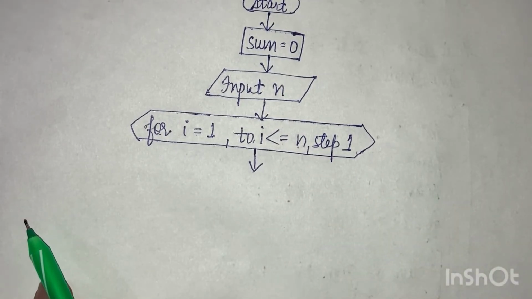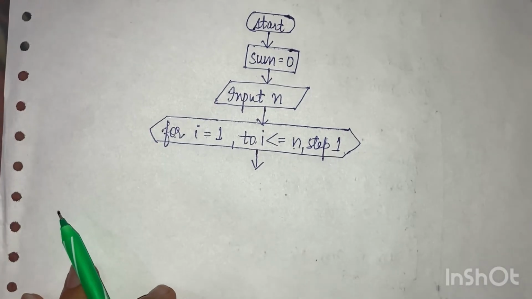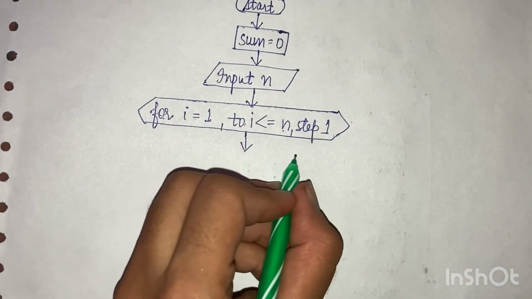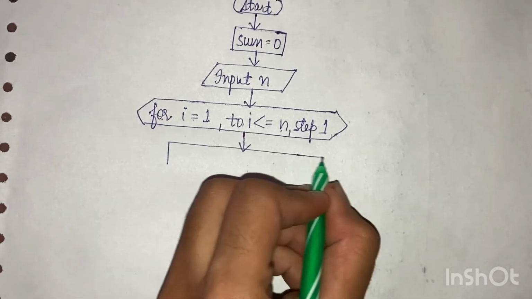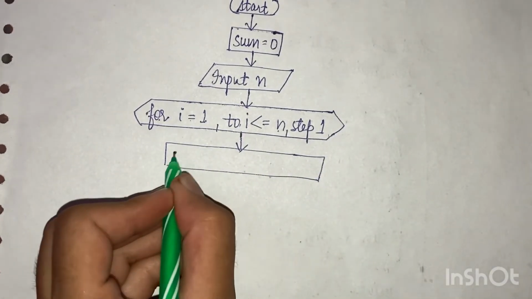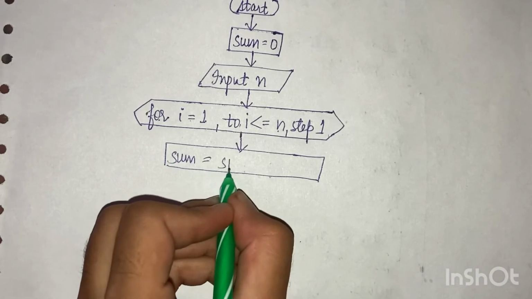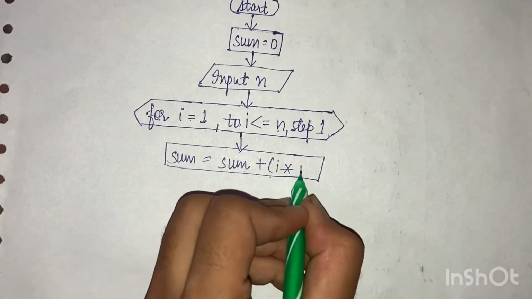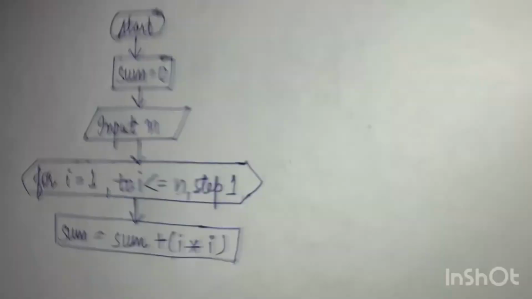If it were incremented by 2, we would have to write step 2, but here in this code it is step 1. Then inside the for block, we found the sum. So sum is equals to sum plus I into I. This is what we did inside the for block.